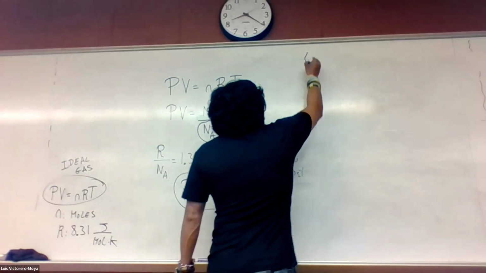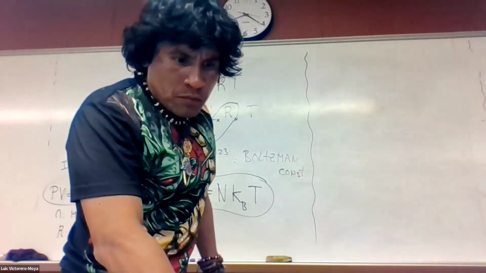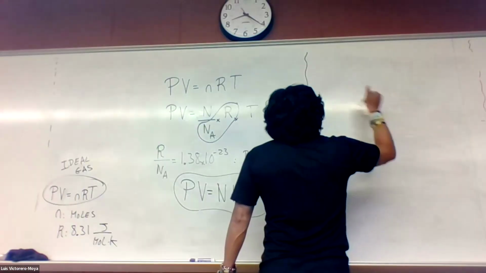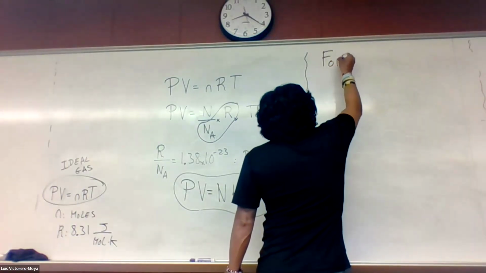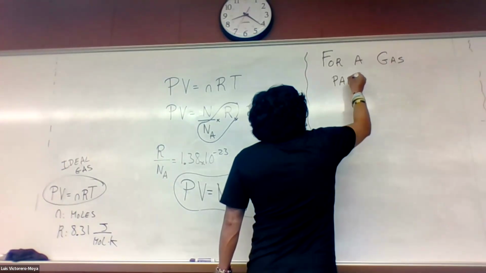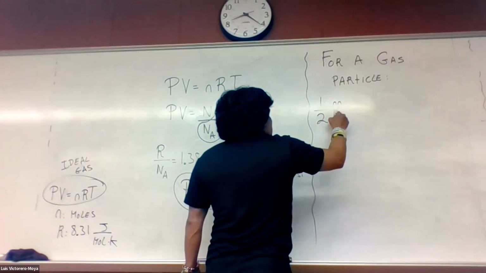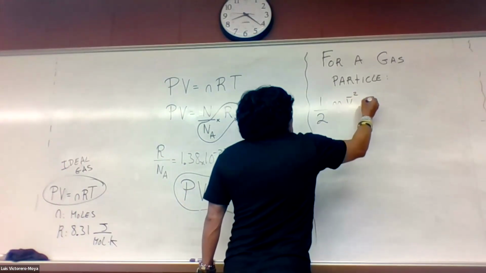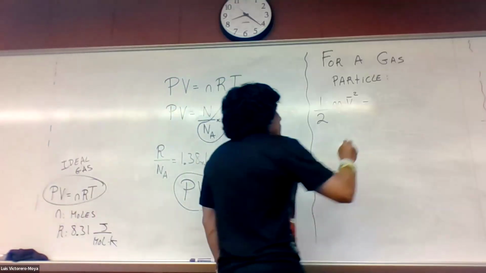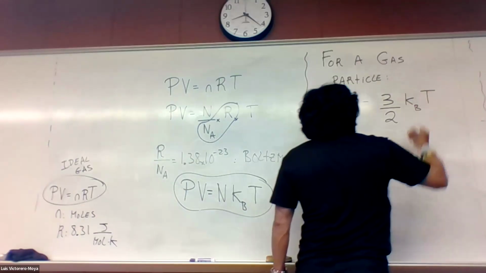We can write that for a gas particle, the kinetic energy of one particle of gas with mass m with root mean square velocity v, that's why I write it like that, is equal to 3/2 of the Boltzmann constant times temperature.